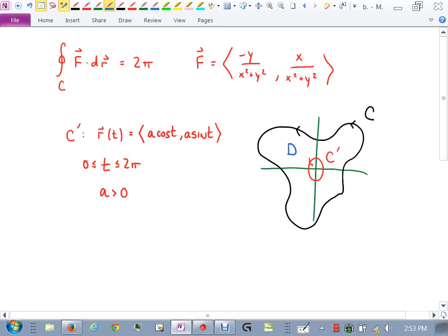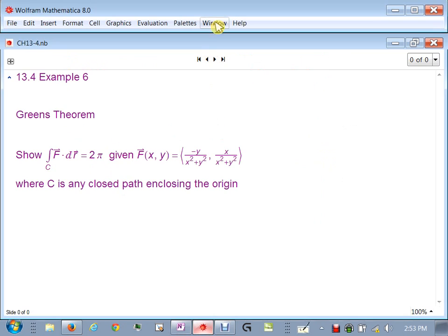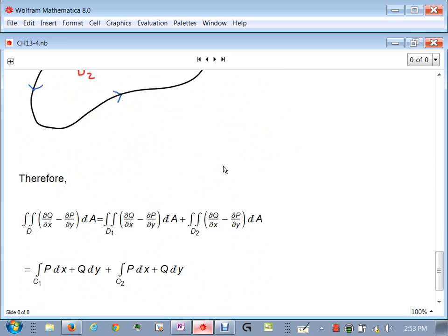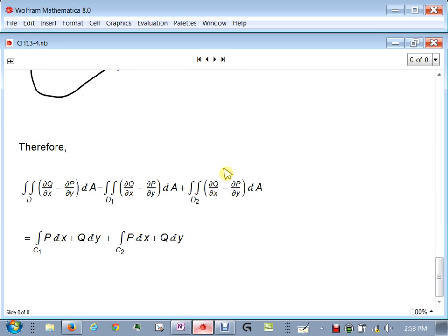The region between them. So do you see the similarities between that picture and this one right here, right? Except in my picture, both curves are positively oriented, right? This one here was negatively oriented, right? And the result of this was that the double integral over D of partial Q with respect to x minus partial P with respect to y with respect to area was equal to the sum of the line integrals on those paths, right?